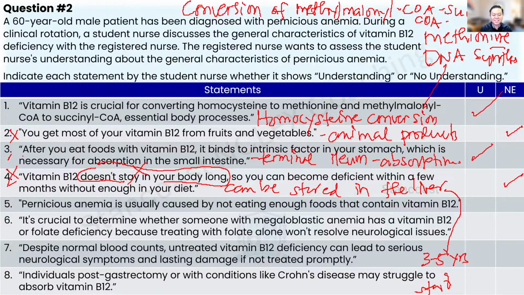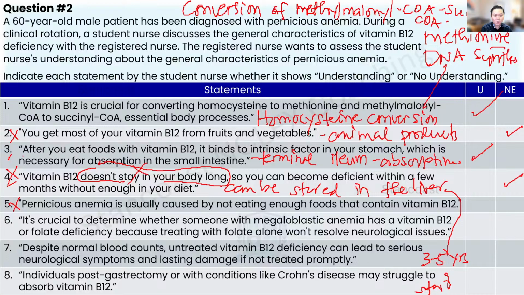Now, talking about number 5, pernicious anemia is usually caused by not eating enough foods that contain vitamin B12. Let me reread that. Pernicious anemia is usually caused by not eating enough foods that contain vitamin B12. That is false. Pernicious anemia is actually caused by an autoimmune destruction of the parietal cells.